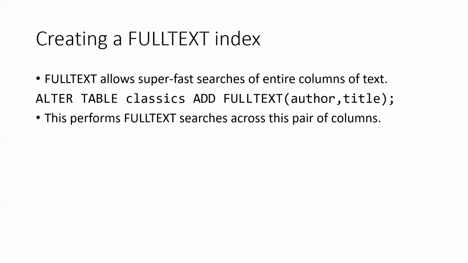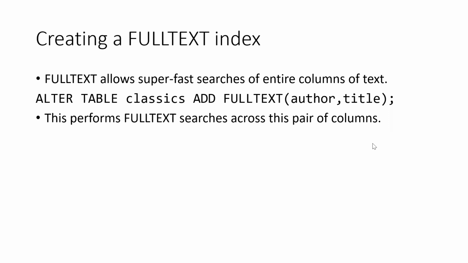So in this particular example, we are altering the table classics. We are adding a full text index to both author and title. So what happens here is, basically it performs full text search, really fast text on text, right? With this pair of columns, both author and title.